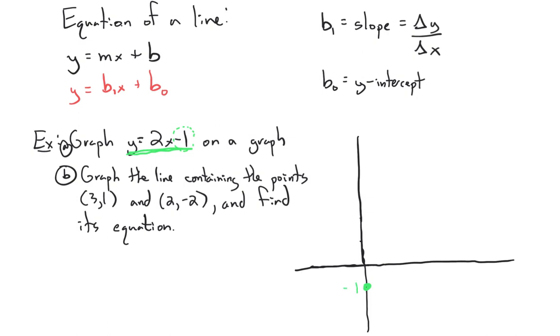And then the slope says, okay, for every unit you go over in the x direction to the right, you go up 2. So I'm going to go over 1 unit and then up 2. So that takes me to the point.